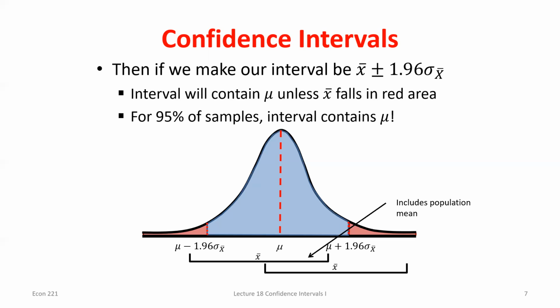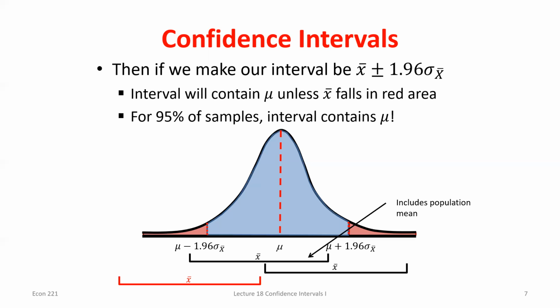So 95% of the time, let's say I just keep taking samples over and over again, and I keep building these confidence intervals, I'm going to end up with a sample mean where my confidence interval includes that true population mean, if I was able to actually observe it. And then 5% of the time, I'm going to end up with these sample means out here where my confidence interval doesn't quite make it back, right? It doesn't quite include that true population mean.